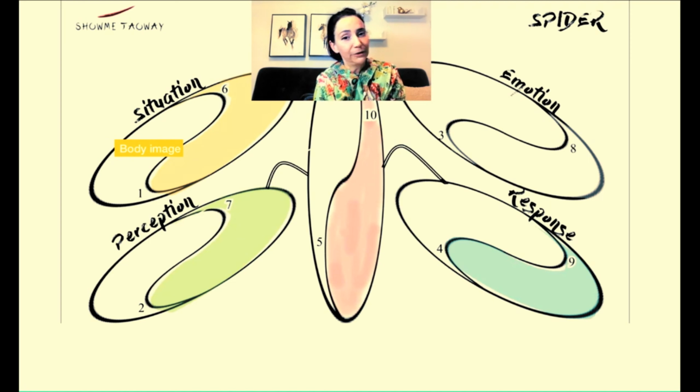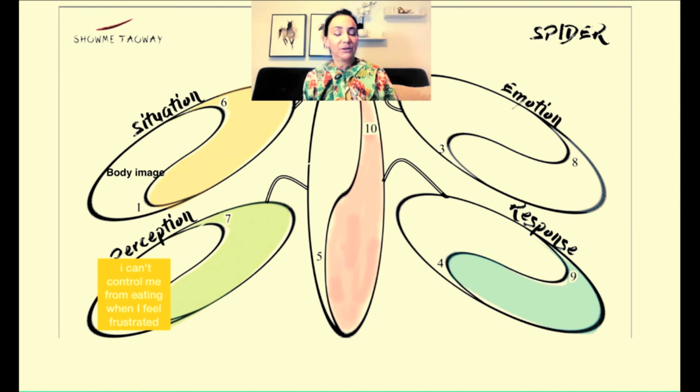I'm going to move to number 2. Feel free to pause at every step when you want to take your time to think. Number 2 is the perception, okay? The perspective, our point of view, the interpretation that we give according to the situation that we wrote in number 1.